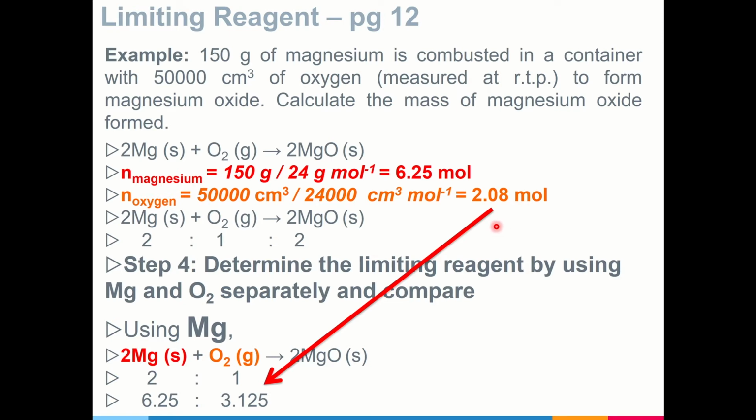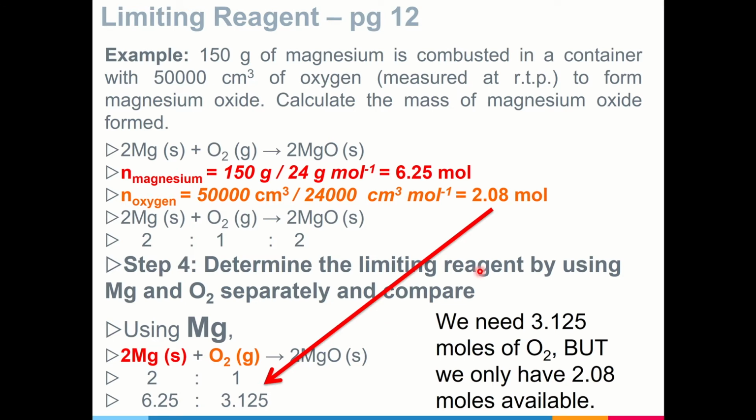It's not enough, right? So at this point, you should roughly see already that to react completely with 6.25 moles of magnesium, you need 3.125 of oxygen, but you are only given 2.08. So oxygen is the limiting reagent.